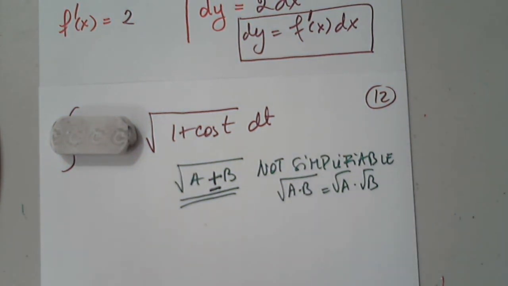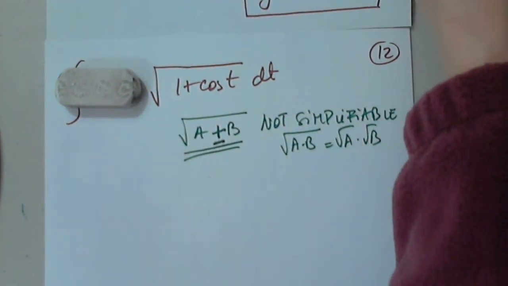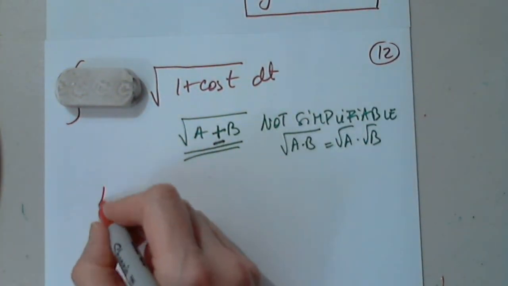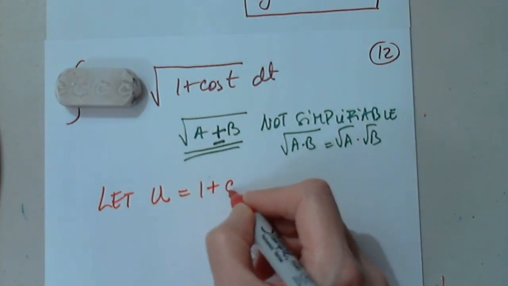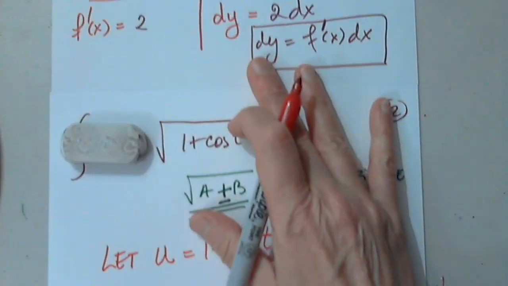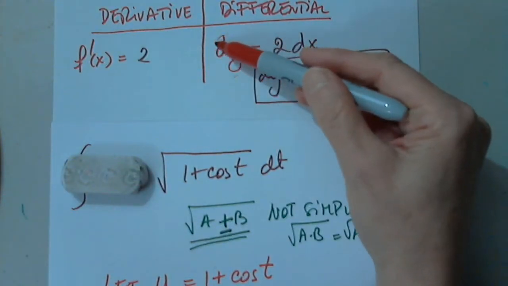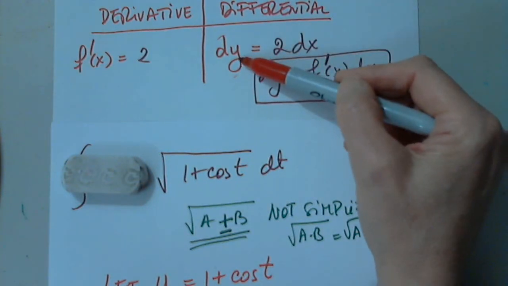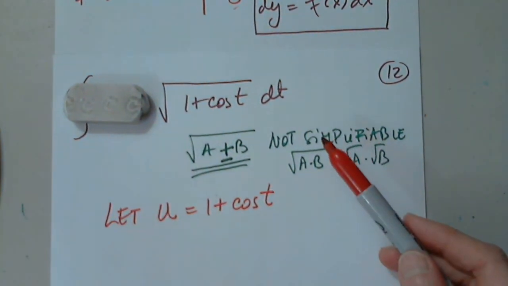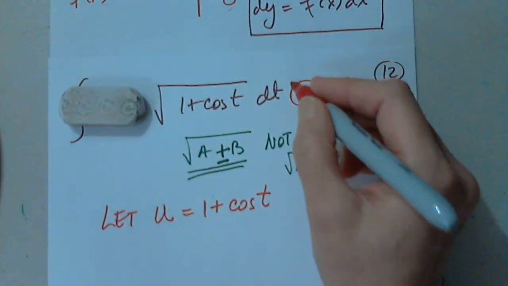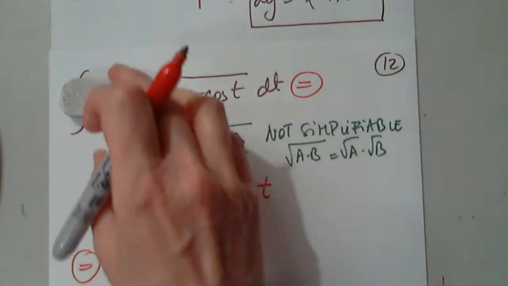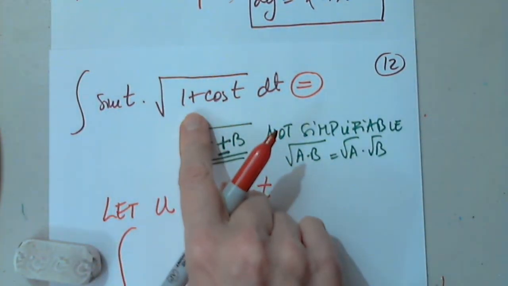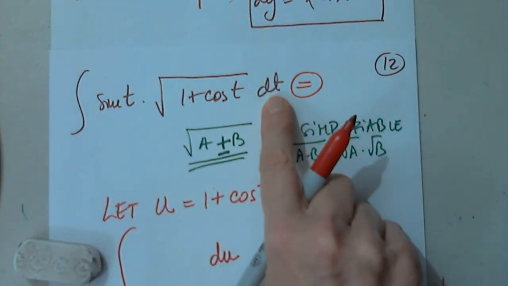I look at this and say, I think that I would be in better shape if I say, let any letter but t, let u be 1 plus cosine t. So notice that I created a function and I want its du. And you can say, what do you mean you want its du? Well, when I move from this integral to something else containing u, I have to have du. So if the function has t in it, the integral has to have dt.